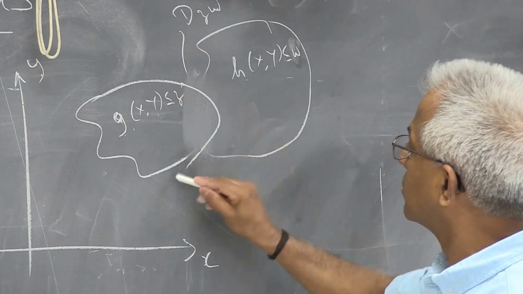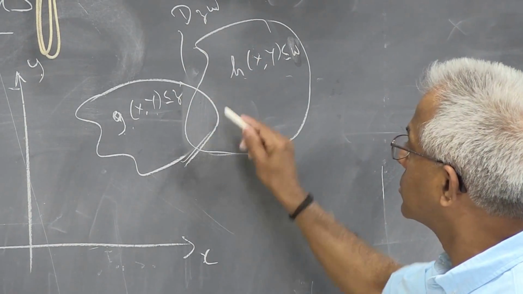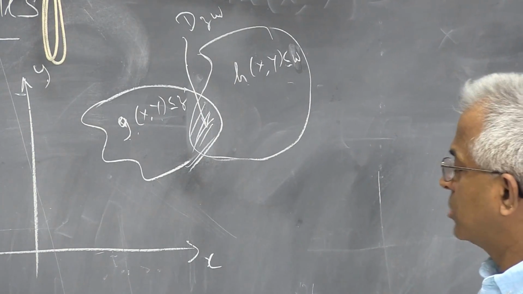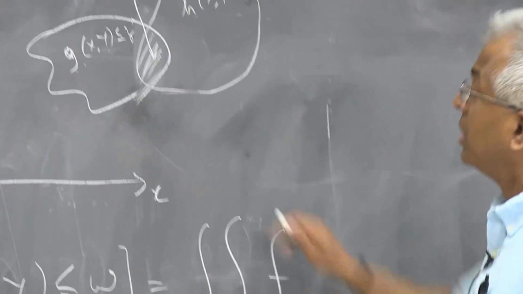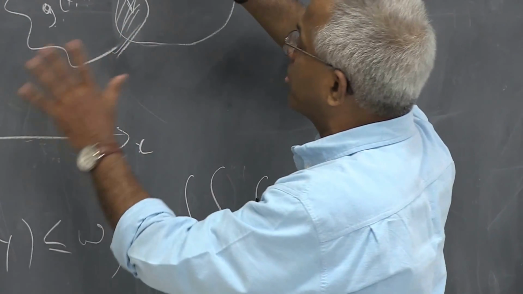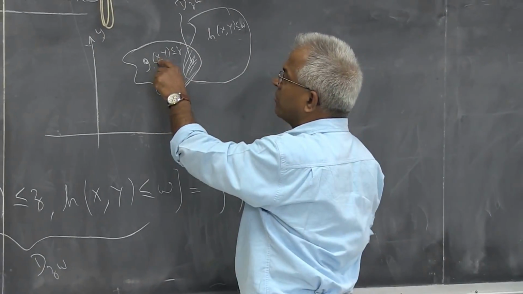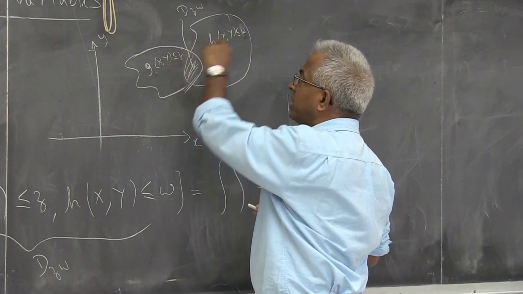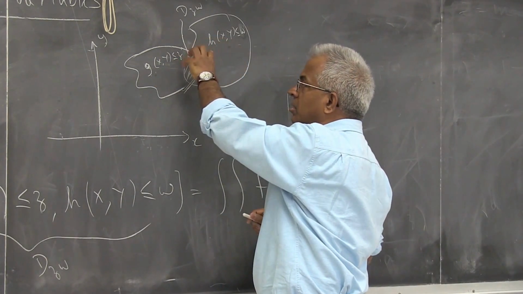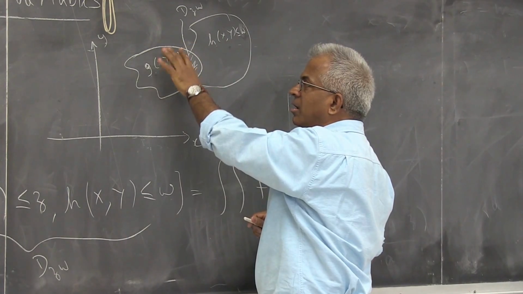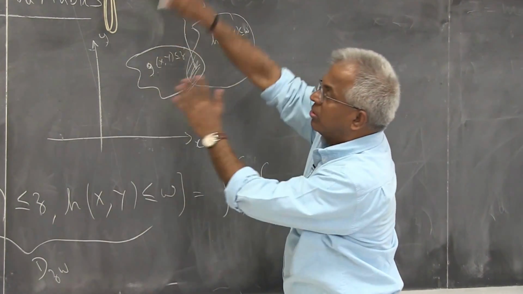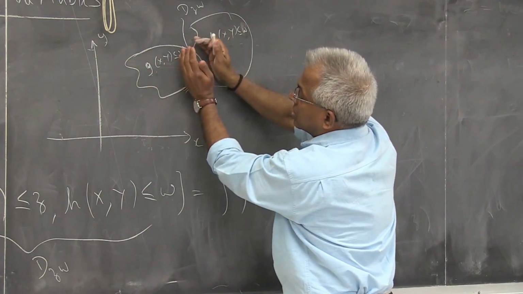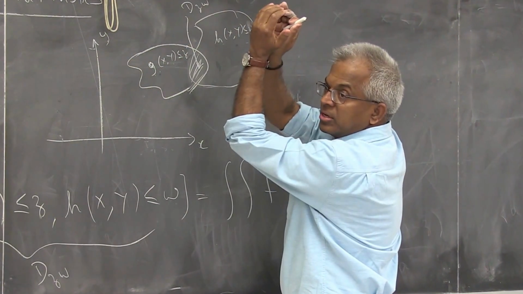So it would be this region. Naturally, this would be given by, remember, this is the region where x and y satisfy this inequality as well as this inequality. So what you have here, you have to imagine, is the joint distribution function of X and Y. We need to integrate it over this region.